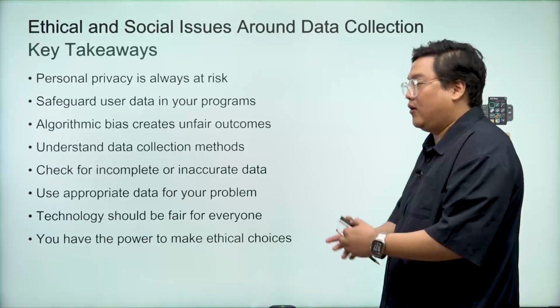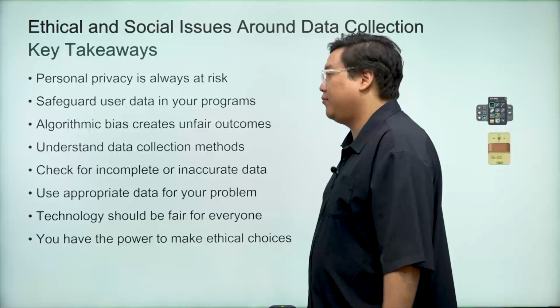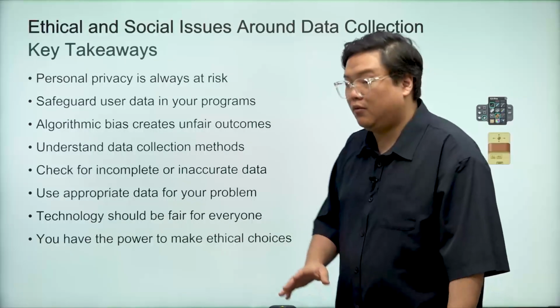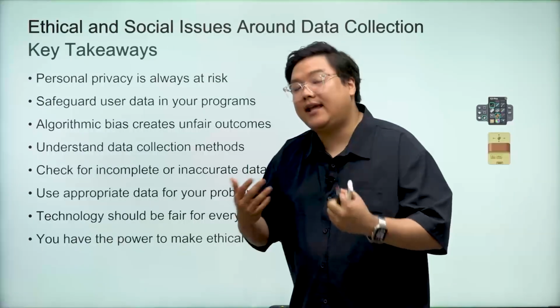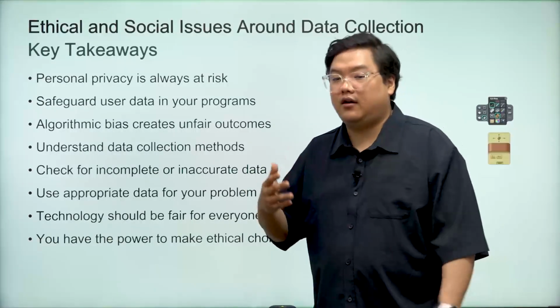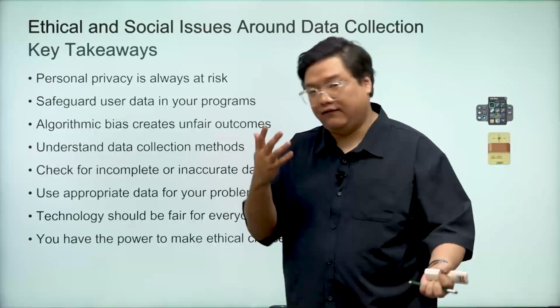Personal privacy is always at risk, so as programmers we need to safeguard user data in our programs. We must be aware of the biases that can occur and always think about how we can handle them, whether at the data level or at the code level.